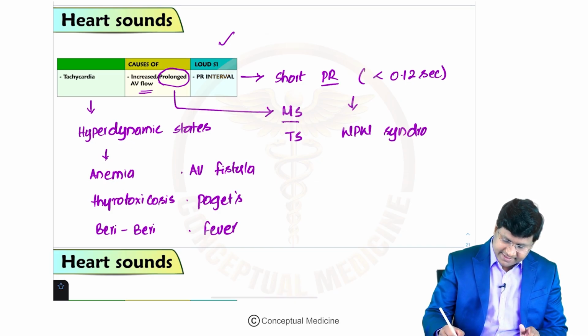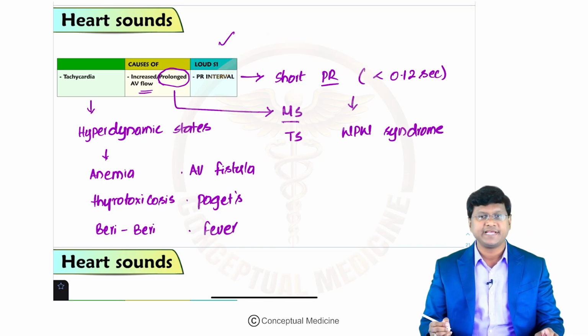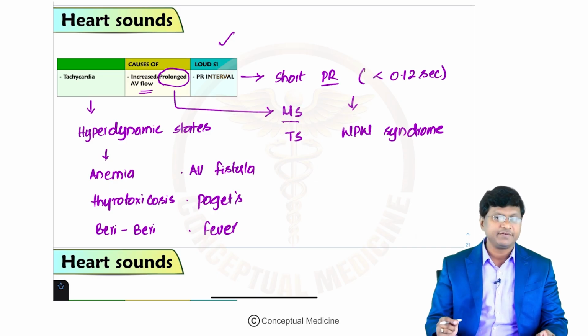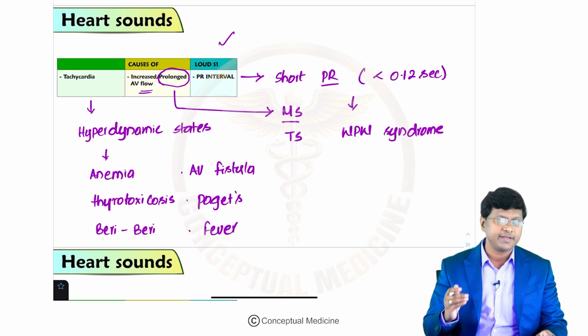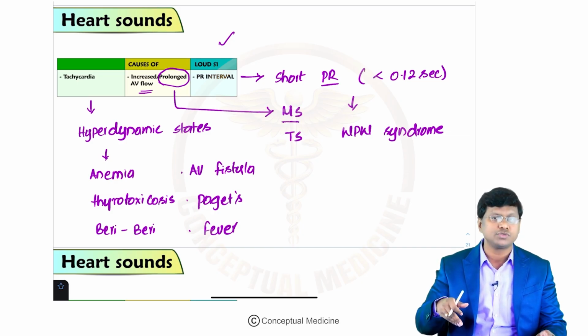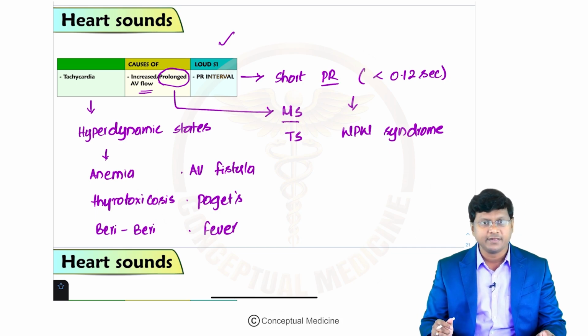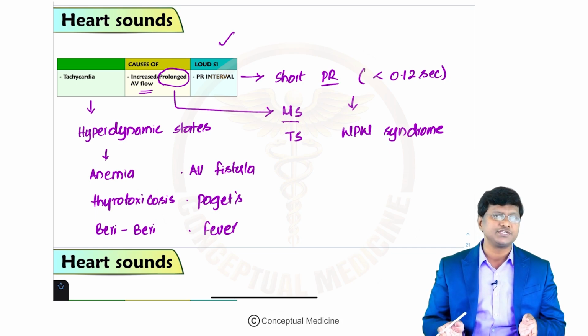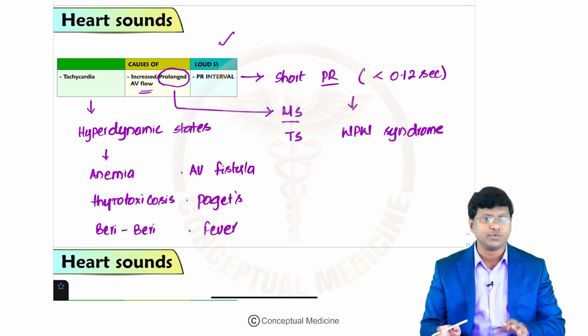That is Wolff-Parkinson-White syndrome, which is a pre-excitation syndrome. So there will be an accessory bundle connecting atria and ventricle. So the impulse from atria to the ventricle is not only through the AV node, it is also through that accessory bundle wherein the individual will have a short PR interval, right? So these are all the conditions where you have the presence of loud S1.